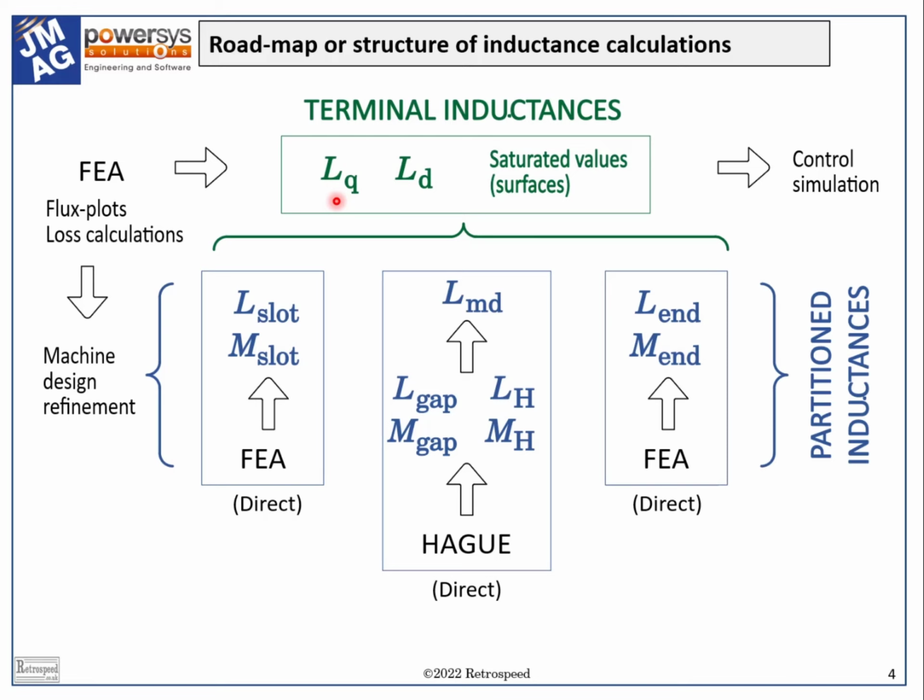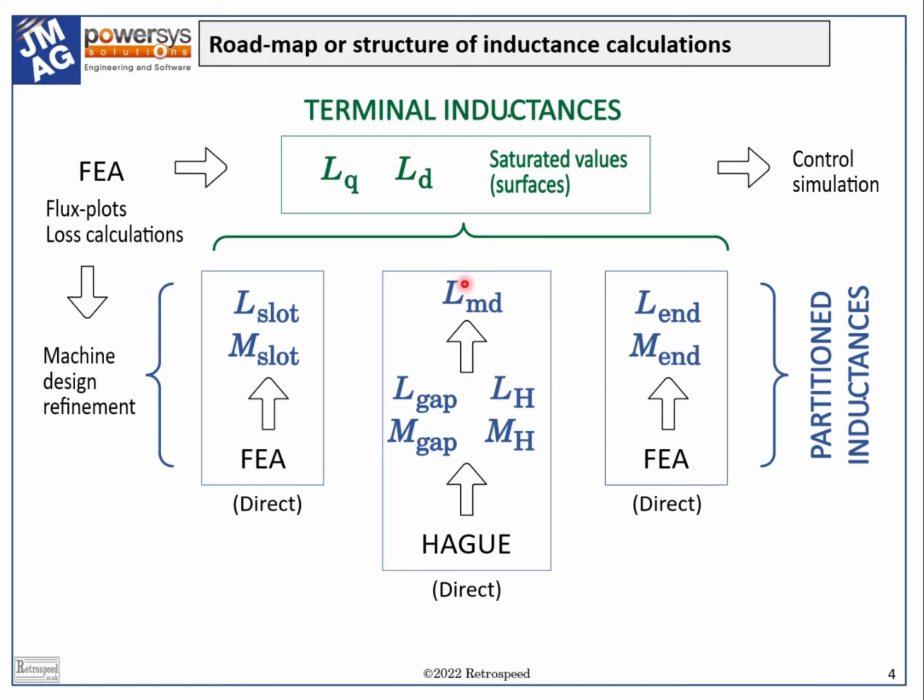In both types of machine, it is possible to measure all 4 of these inductances at the terminals, and it is also possible to calculate them directly using the finite element method without considering the constituent parts or components such as the air gap inductance, the slot leakage inductance, or the end winding inductance.